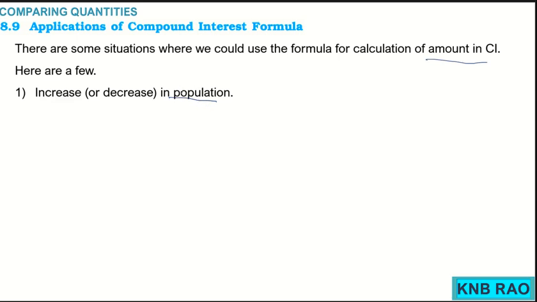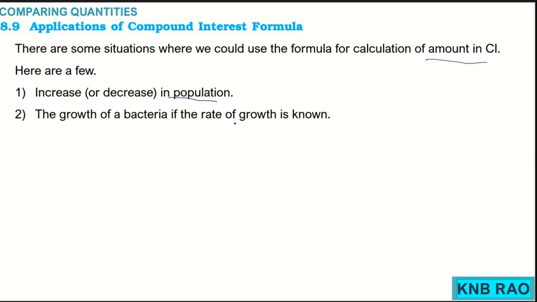Normally, increase or decrease in population takes place in compounded form, annually. Then growth of bacteria, if the rate of growth is known.